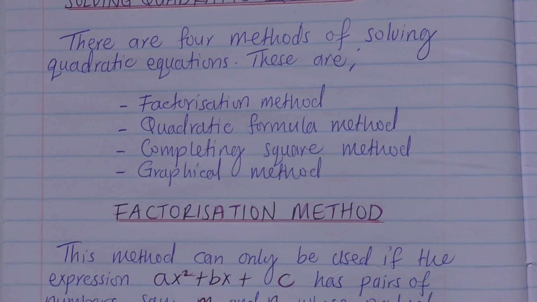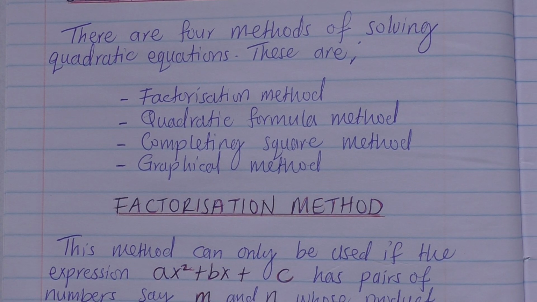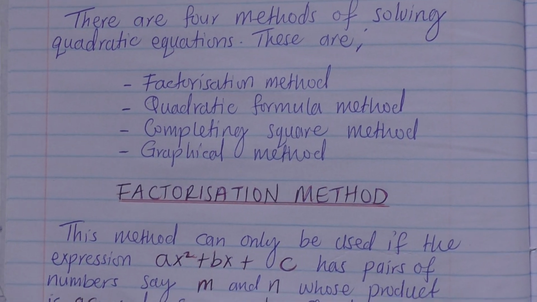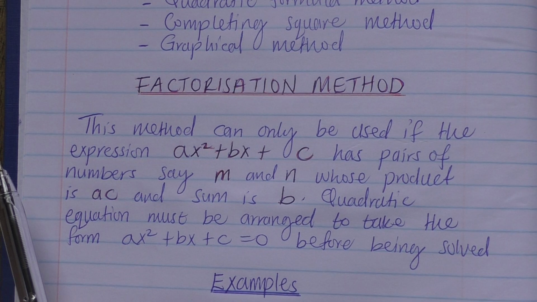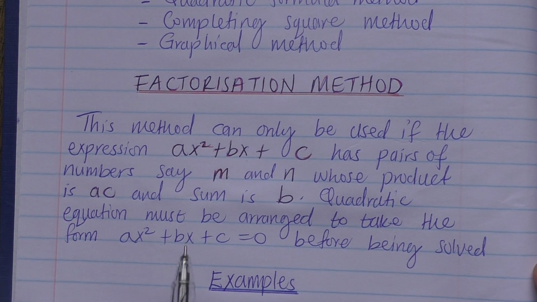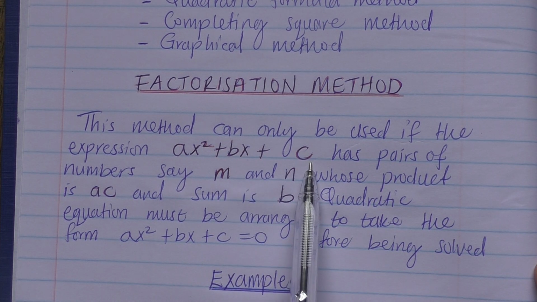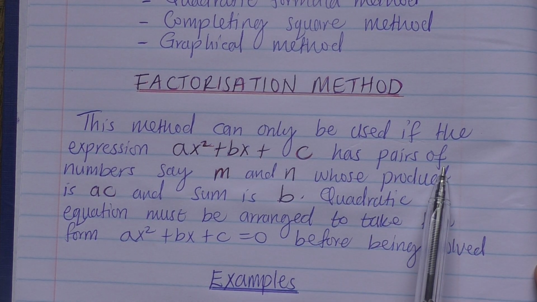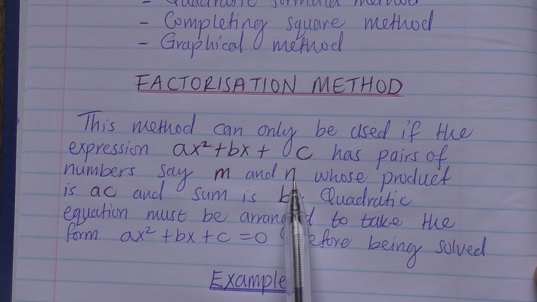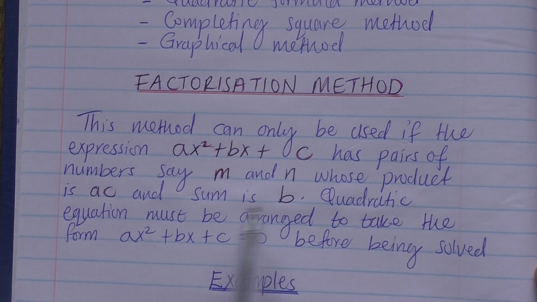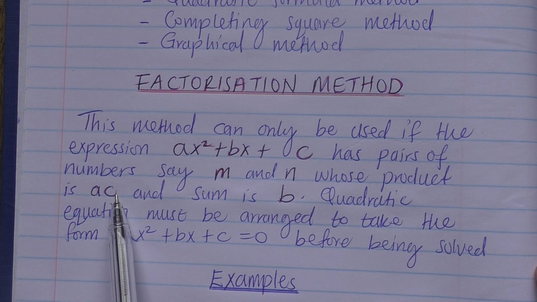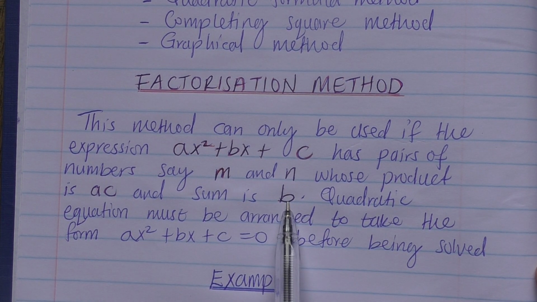We shall start with the factorization method, which can only be used if the expression ax squared plus bx plus c has a pair of numbers, say m and n, whose product is ac and the sum is b.